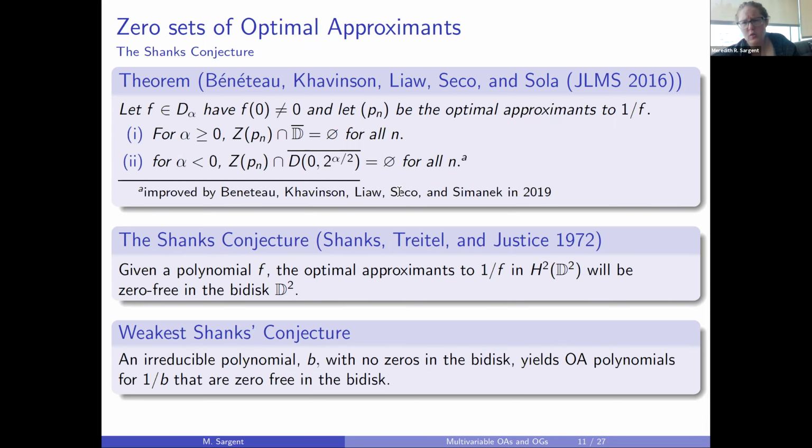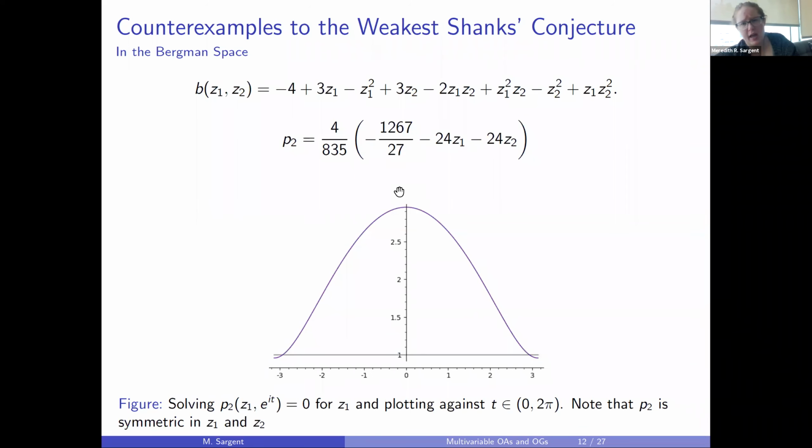One of the things we noticed when we were doing this, so I've just shown you guys the P2 here. This is actually because for this example, and again, this is one example, so maybe you can come up with a more clever one, but for P3 even, or P5, there were not zeros inside the bidisk.